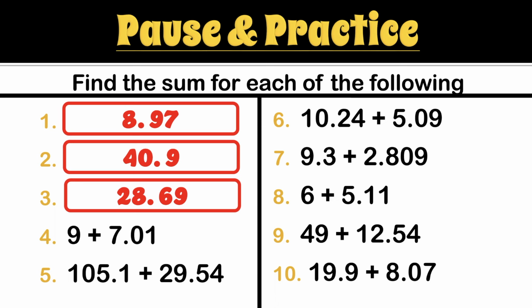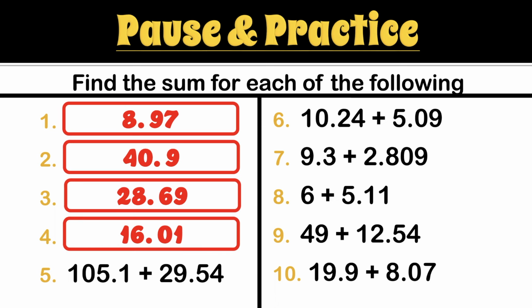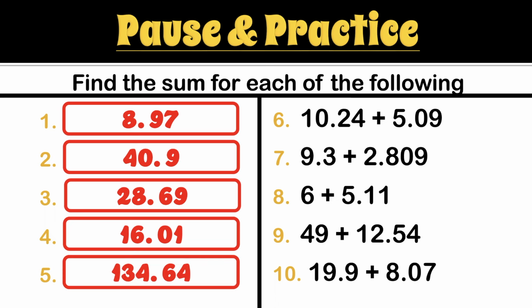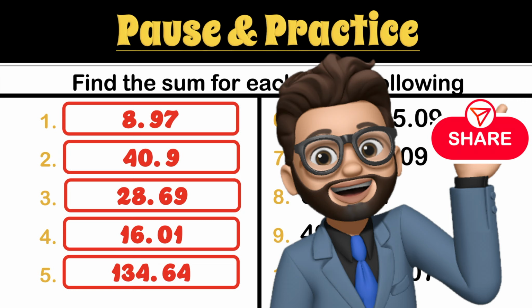Number 4, 16.01, properly read as 16 and 1/100th. Number 5, 134.64, properly read as 134 and 64 hundredths. If you got these first 5 correct, make sure you share this with a classmate.